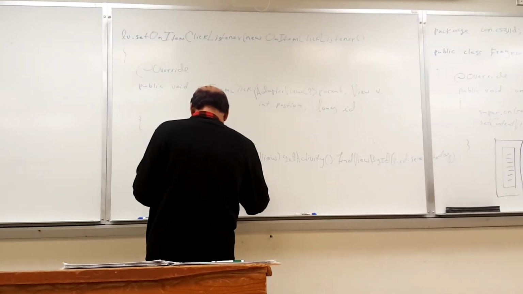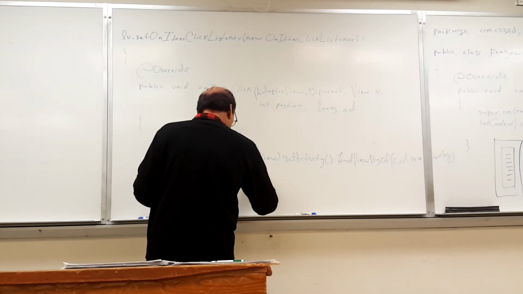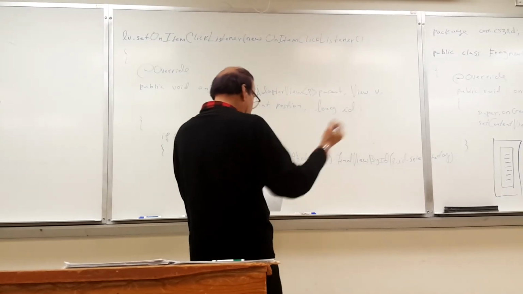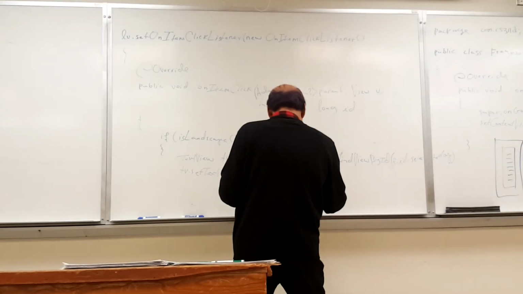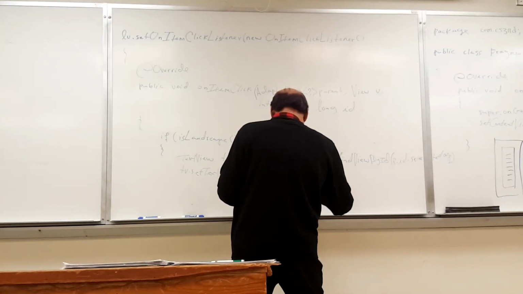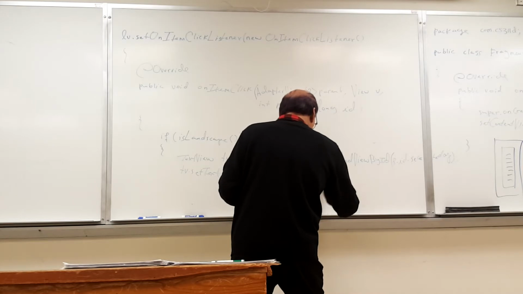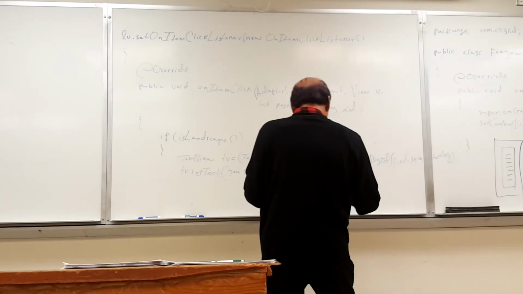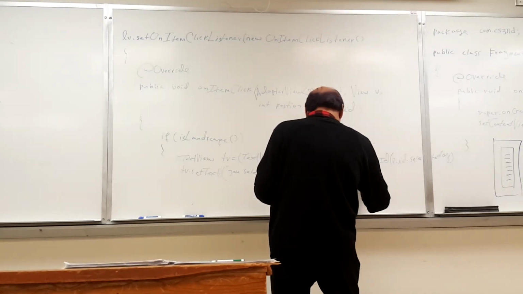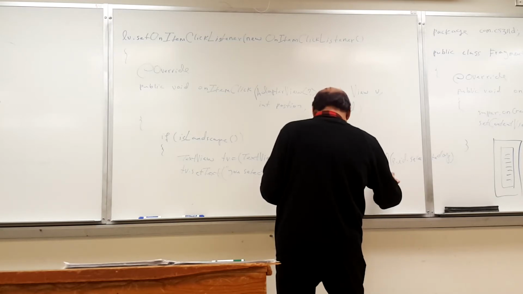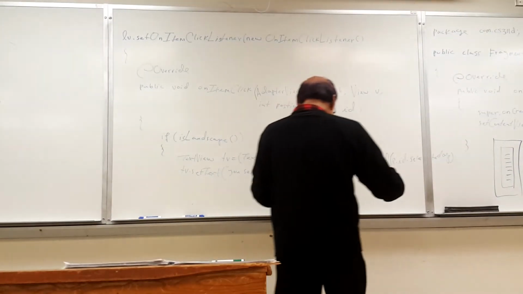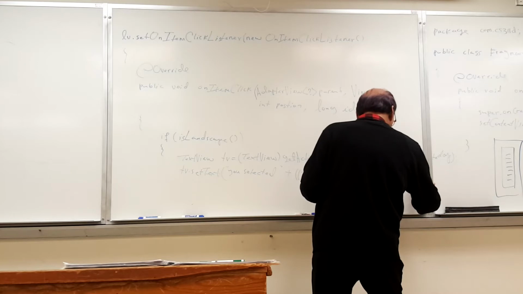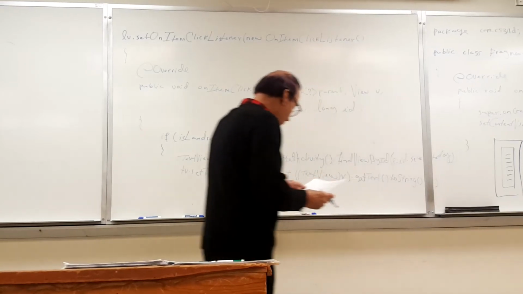You select it. Double quote plus. Now we need to get that, and we need to cast it all at the same time. Text view, parenthesis, we need to cast it, text view, and dot get text, get that, and convert it to string. Dot to string, parenthesis, semicolon. That's it.